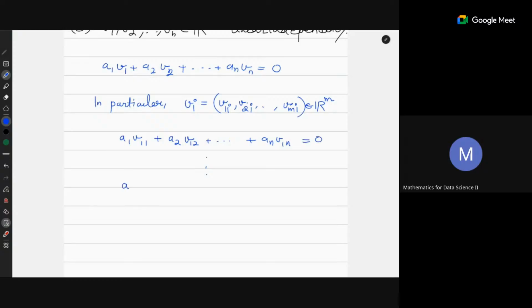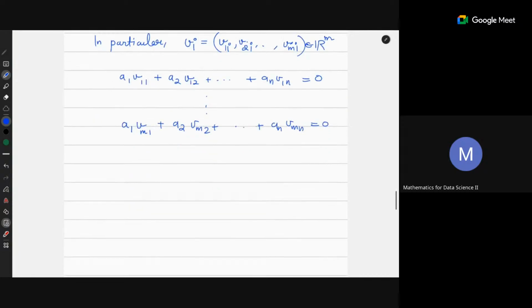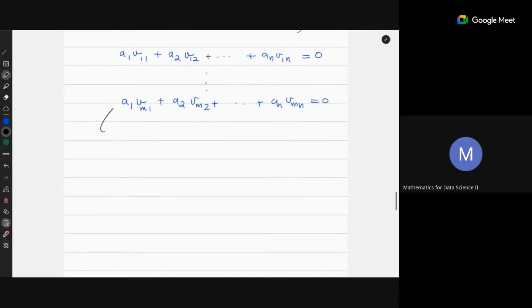a1 vm1 plus a2 vm2 up to an vmn equal to 0. And if you write down the coefficient matrix of this system of equations, this becomes a homogeneous system of linear equations.